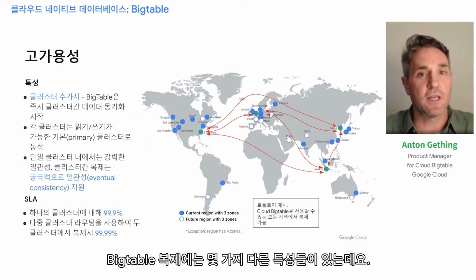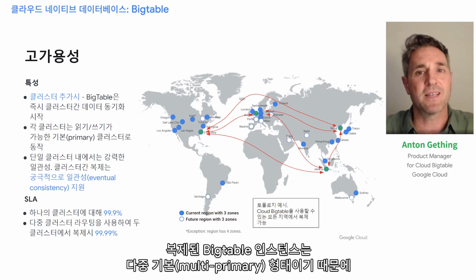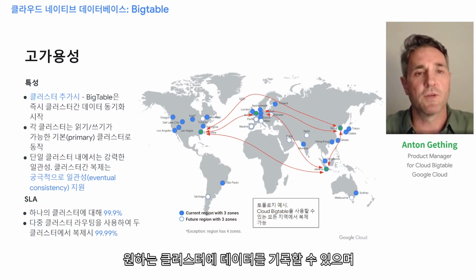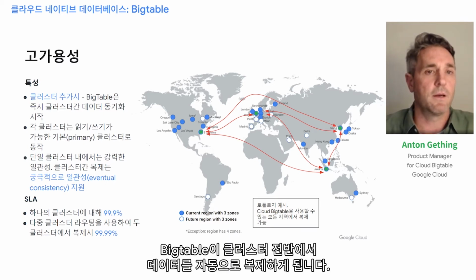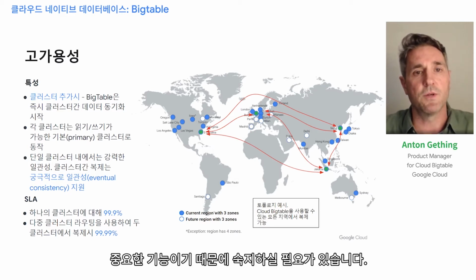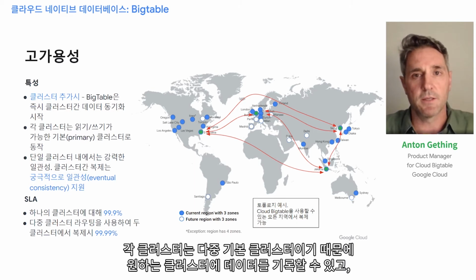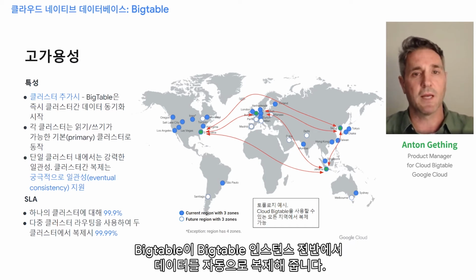Some other characteristics of Bigtable replication that I'd like to mention. A replicated Bigtable instance is multi-primary, so that you can write your data to any cluster and Bigtable will automatically replicate your data across clusters. I think this is important so you don't have a master. Each cluster is a multi-primary cluster, meaning you can write to any of the clusters and Bigtable will automatically take care of replicating your data across the Bigtable instance.